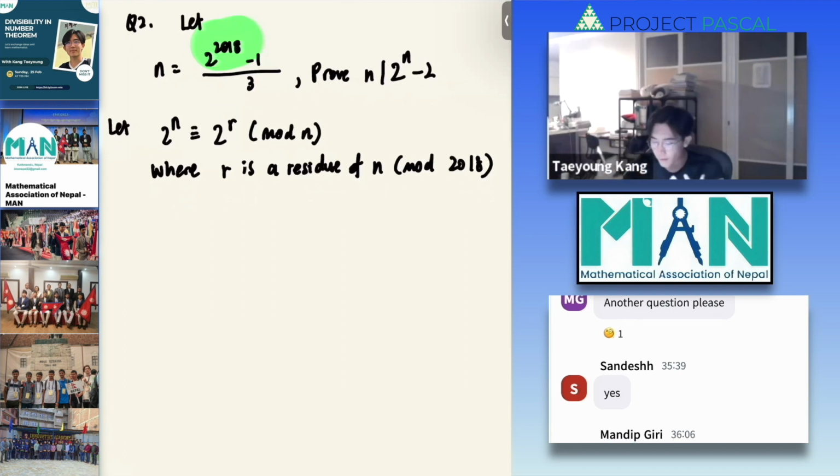And our final goal is to show that r is basically congruent to 1, right?